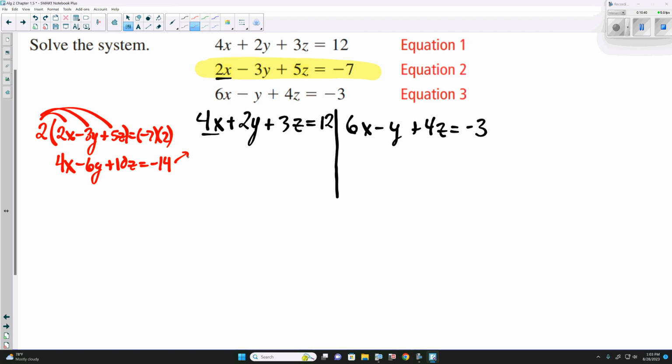At this point here, we can put it underneath our other equation. Any questions on this so far? Now at this point here, we need to eliminate x by either adding the two equations together or subtracting.